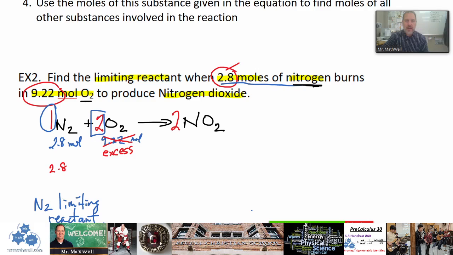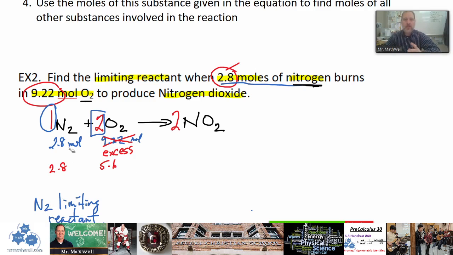I'm going to use that all up, and 2.8 times 2 over 1 is going to be what? 5.6. So I need you to see there's two things you can determine. A, the limiting reactant is nitrogen, and we've shown that. And this question actually only asks us for determining the limiting reactant. So N2, limiting reactant, you just leave your work there, you're done.